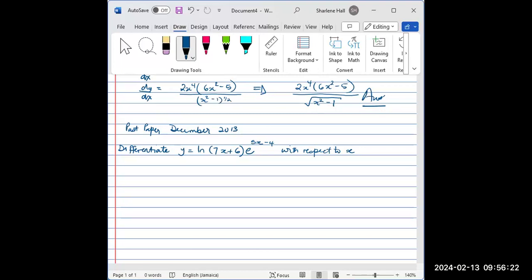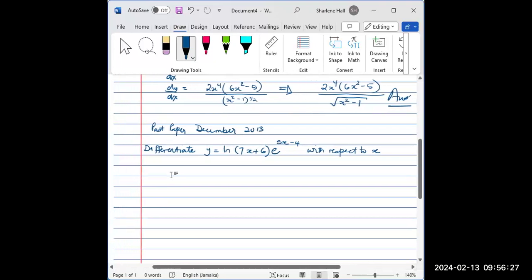Question: anybody remember the ln rule that I used with them? Anybody remember the ln rule? Talk to me, please.